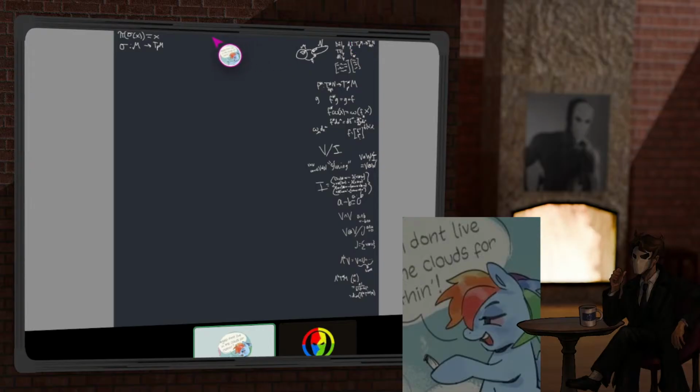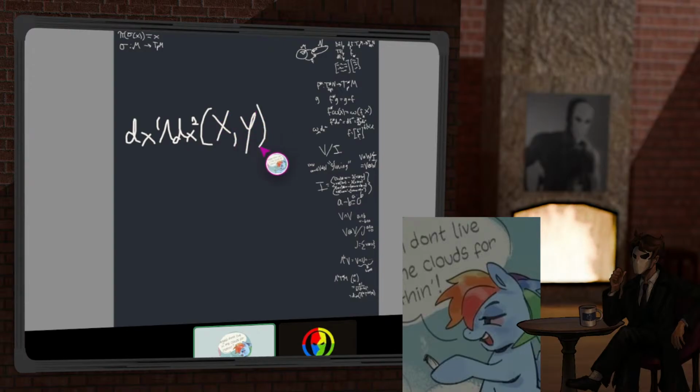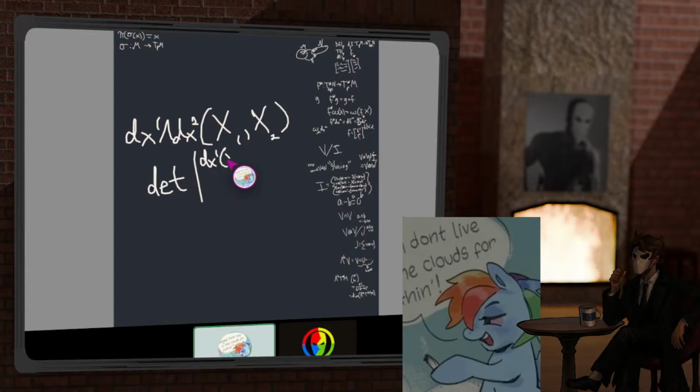So then, if we have dx1 wedge dx2 acting on a couple of vector fields, I'm going to denote them x1, x2, then we get a determinant of dx1 of x1, dx1 of x2, dx2 of x1, dx2 of x2.